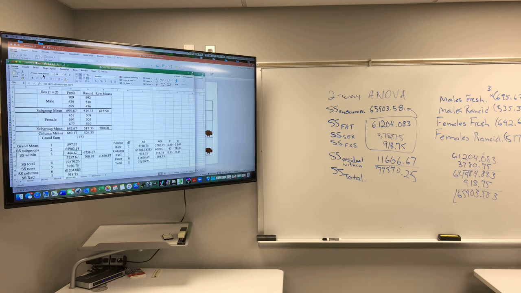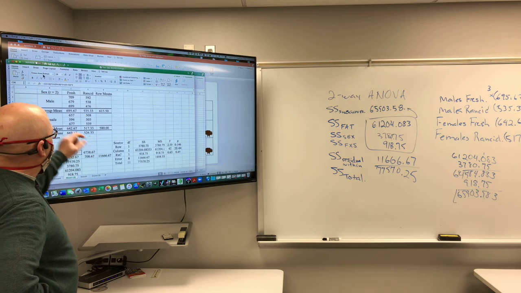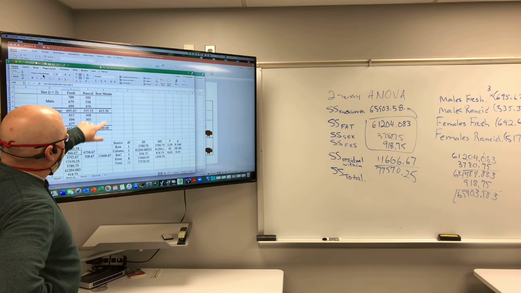Is the effect of fat in column means or row means in this case? We have fresh and rancid. Here are the column means. Male and female, here are the row means.